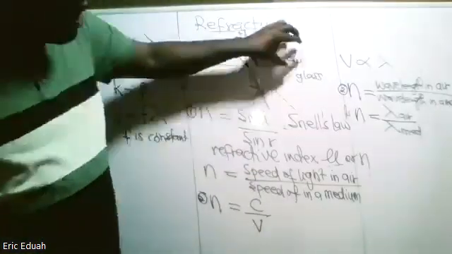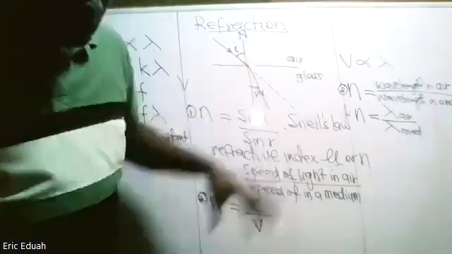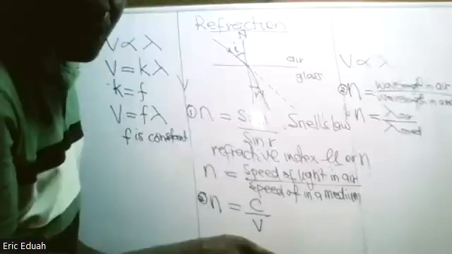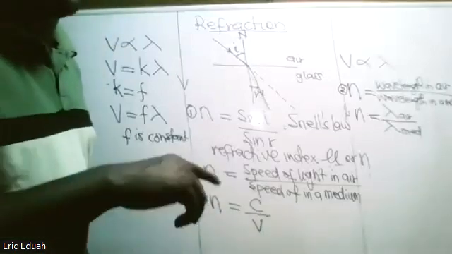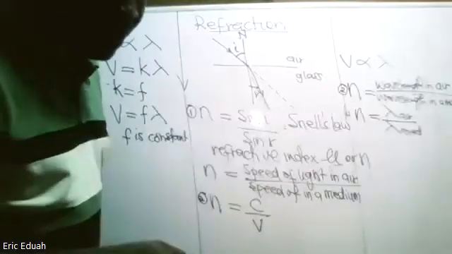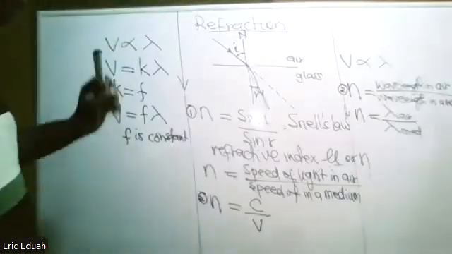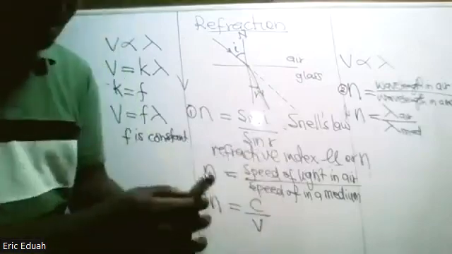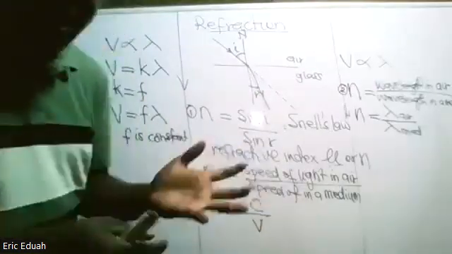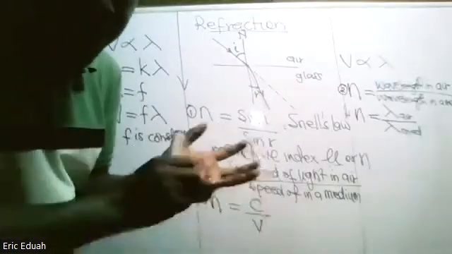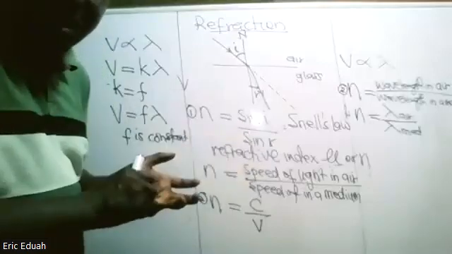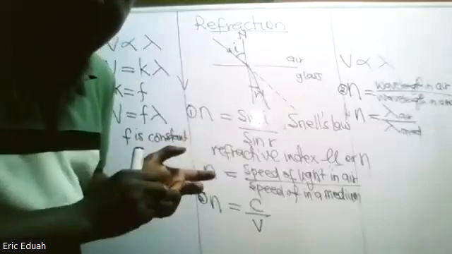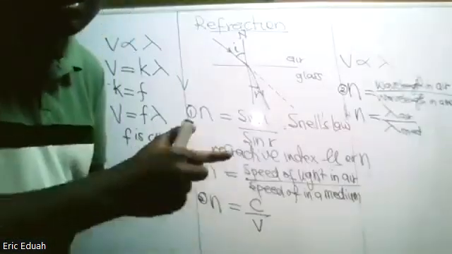But whenever the densities of the two materials are not the same, then when light gets into it, its path will be deviated. So whenever light travels from one medium into another medium of different densities, the direction changes. The speed also changes.